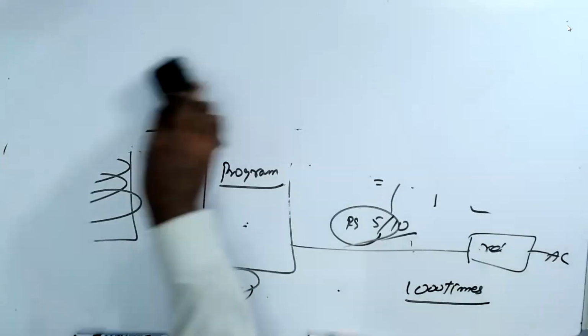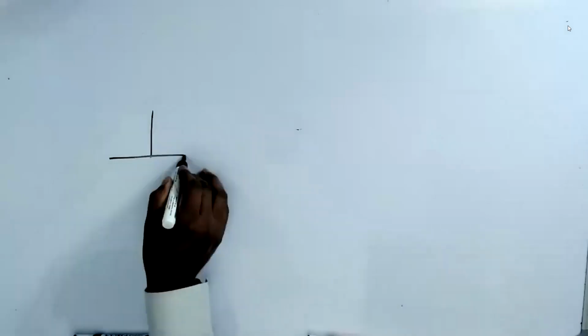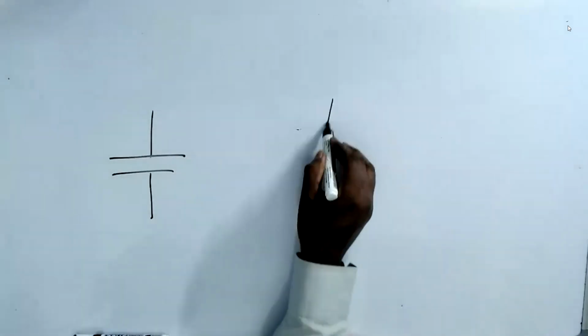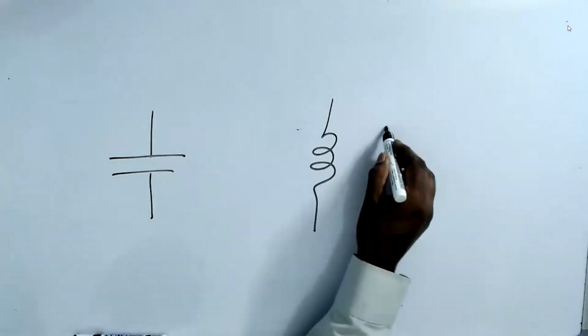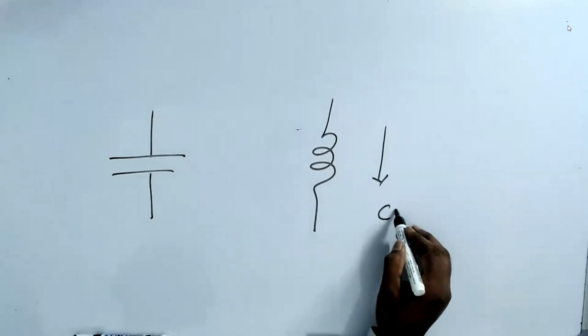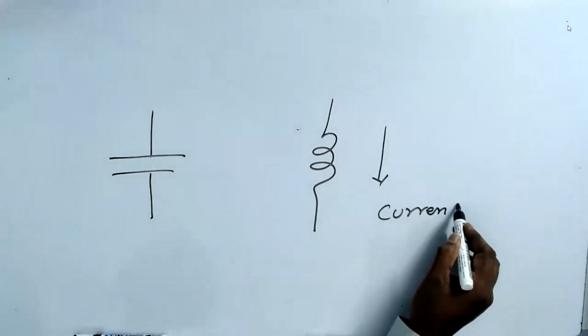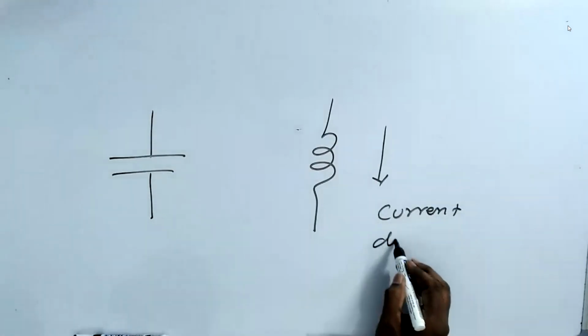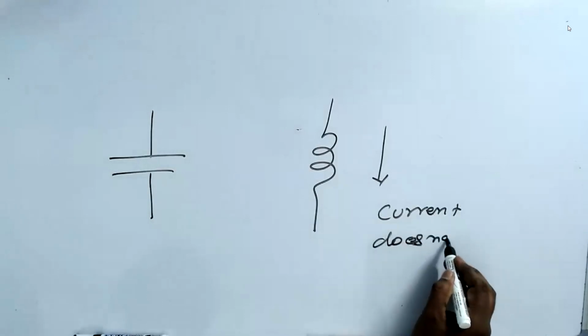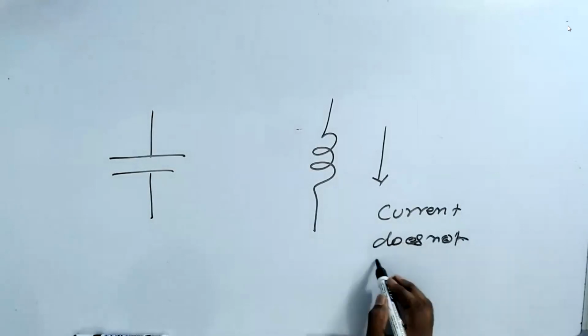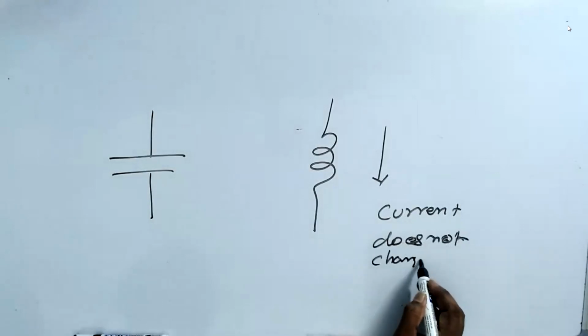See here. There are two electrical components. One is called a capacitor, and one is called an inductor. In the inductor, the current does not change immediately.